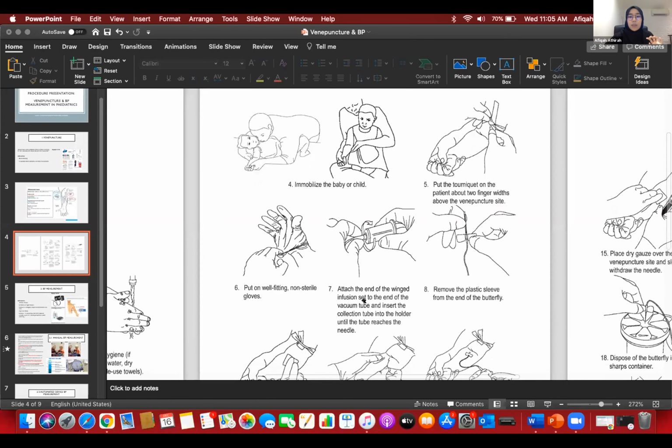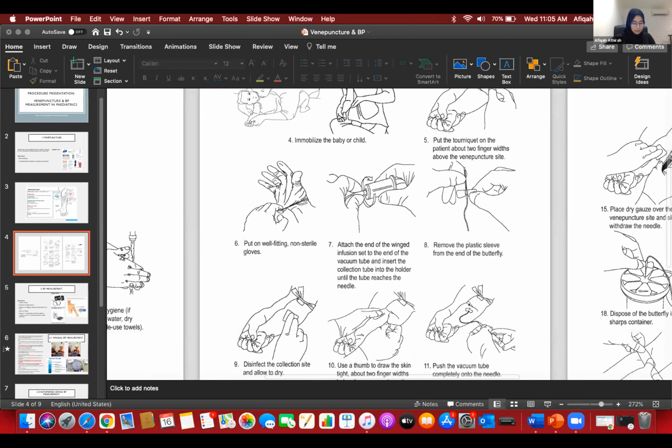We attach the wing infusion set to the end of the vacuum tube holder and insert the collection tube into the holder. We remove the plastic sleeve from the butterfly. Then we identify the site, like I said before, at the antecubital fossa.